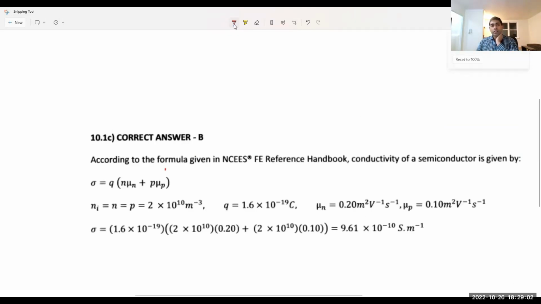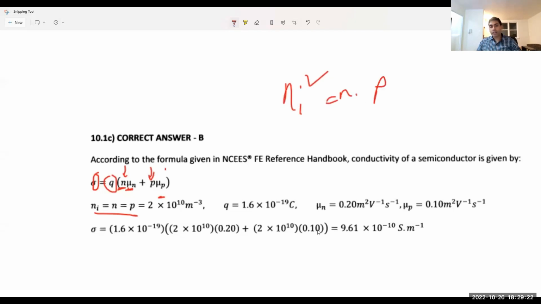First equation, obviously, as I said, the conductivity is nothing but the charge times the concentration of electron, hole, and mobility. Okay, so you have to know that it was given like this. This was the second equation, where, remember, it's given like this.